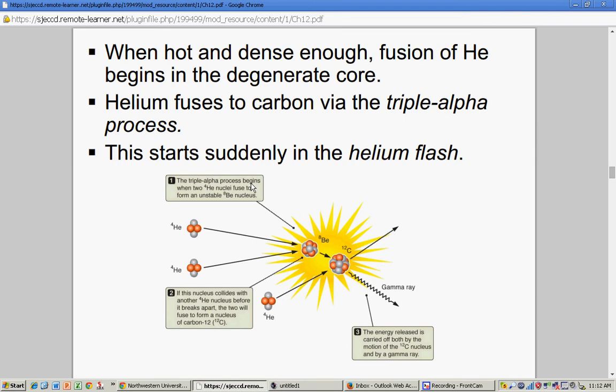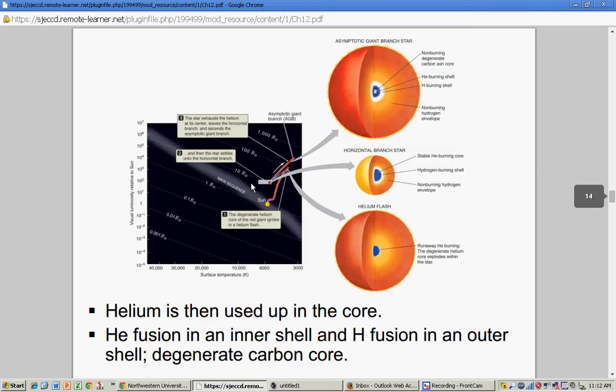Now helium is fused into carbon. And when these fusion reactions are again operating in the core, the star becomes what's called a horizontal branch star.